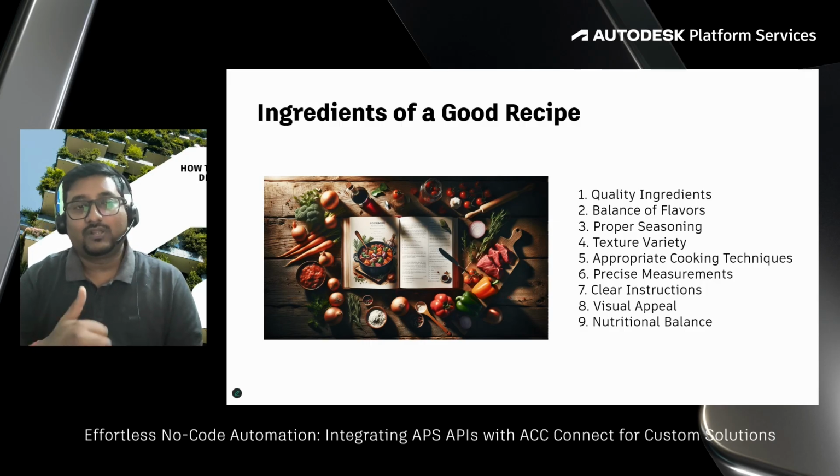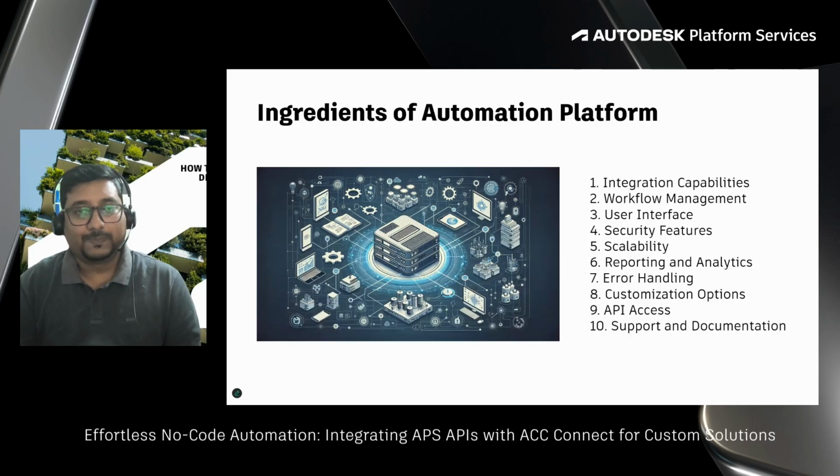Now, similarly, what are the ingredients of an automation platform? You need to have integration capabilities. You need workflow management and an easy interface to use for the end user. It should have different security features so that the data is securely managed. It should be scalable. It should support reporting and analytics so that you can have an overview of the different operations which are running, and you could resolve them faster if there are any errors.